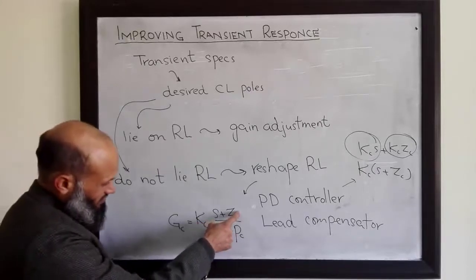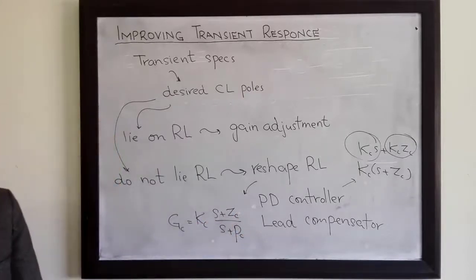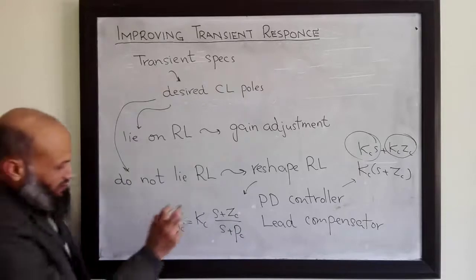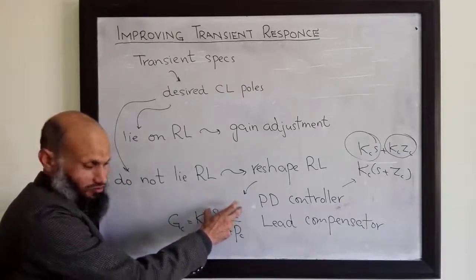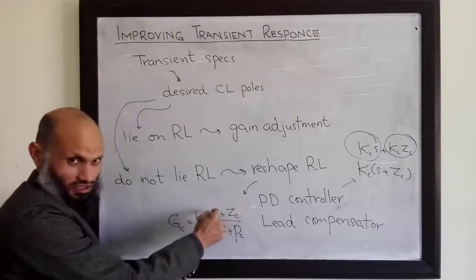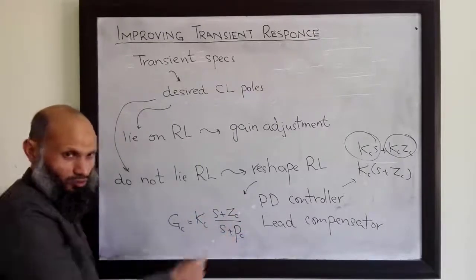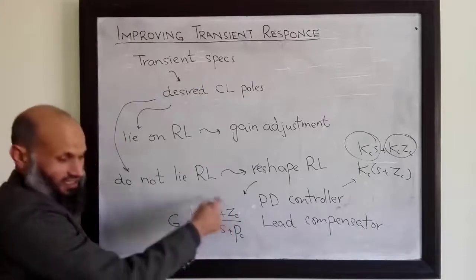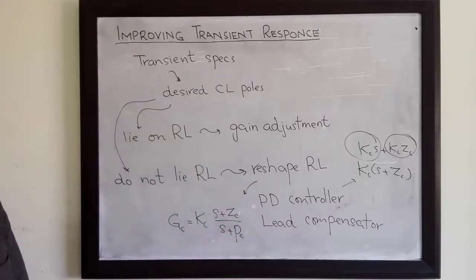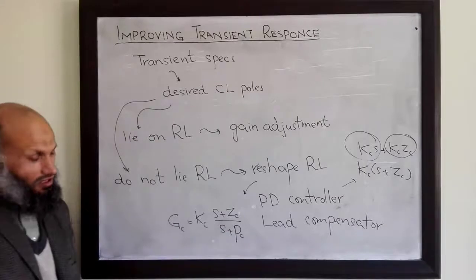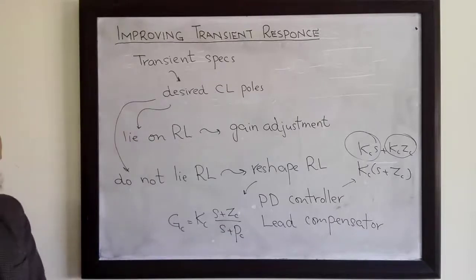Therefore, Zc and Pc were very close to each other. Due to that, the angle contribution due to this numerator, that is due to the zero, was the same as the angle contribution due to the pole, and therefore net angle contribution in the case of lag compensator was almost 0, and hence the shape of the root locus was preserved.